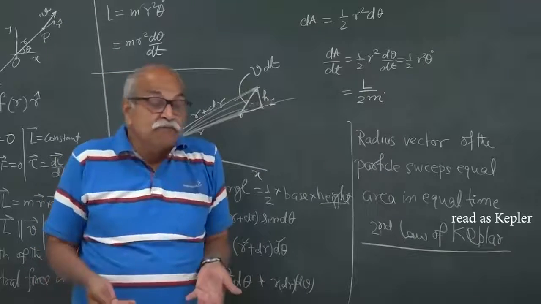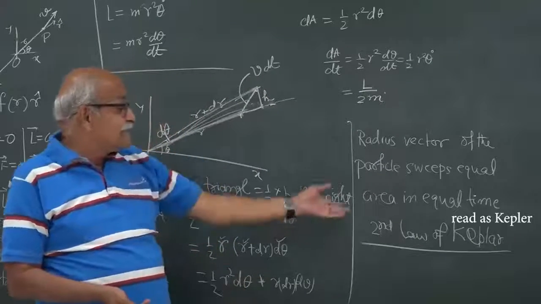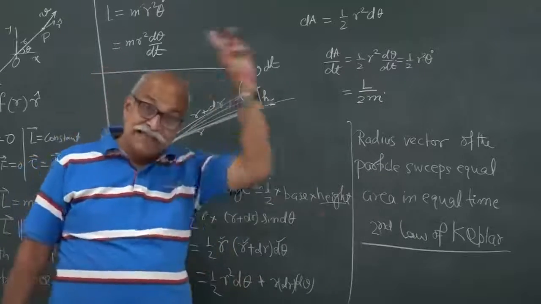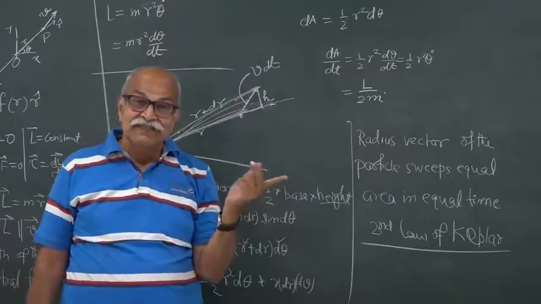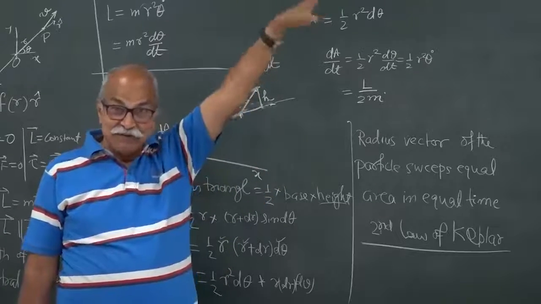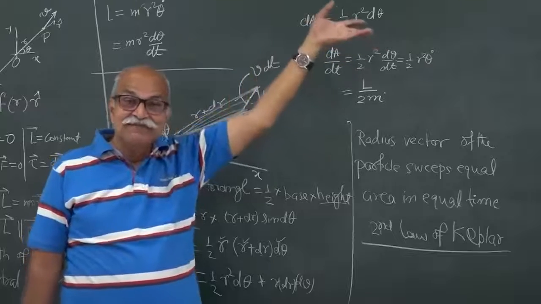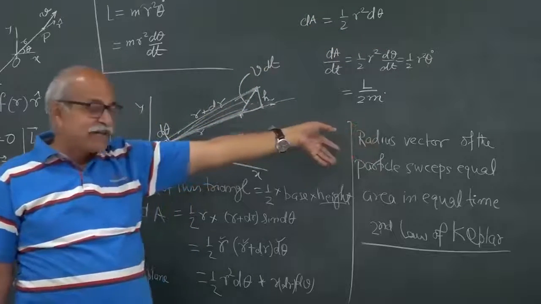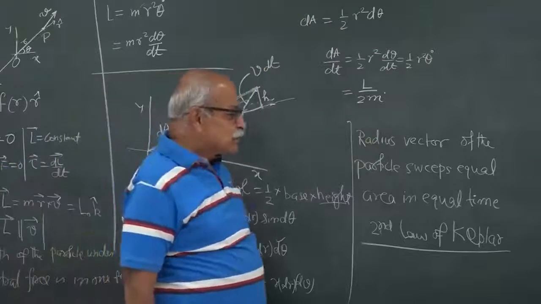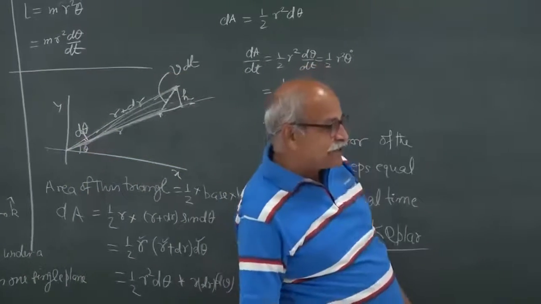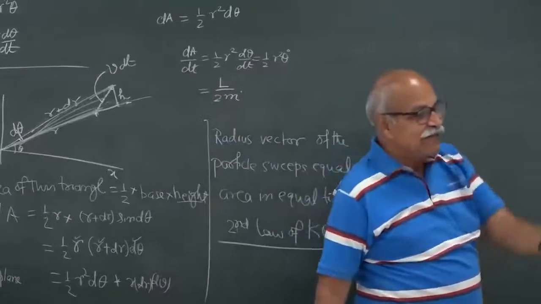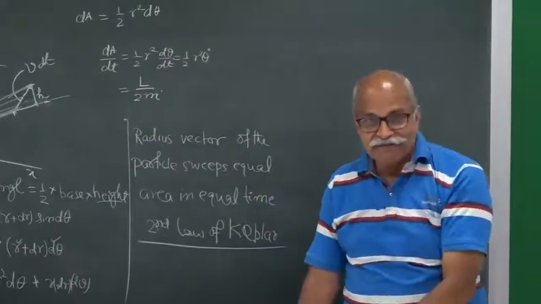And in what context were these laws given? Planetary motion, motion of planets around the sun. So, there are some 8 planets or 9 planets, at the time of Kepler perhaps there were 9 planets. Different planets are going in different elliptical orbits around the sun, with sun at one of the foci.